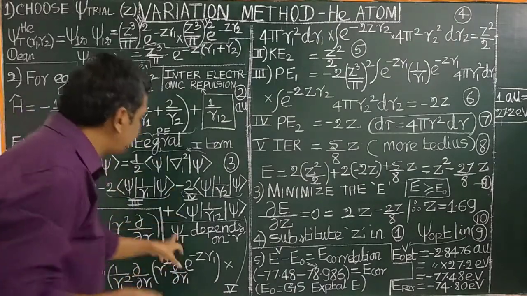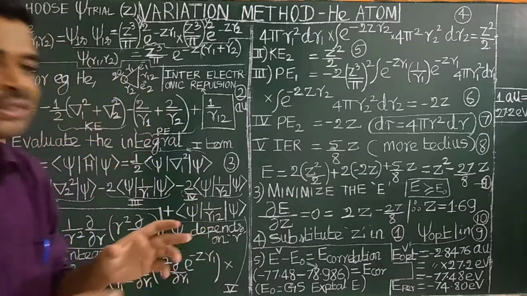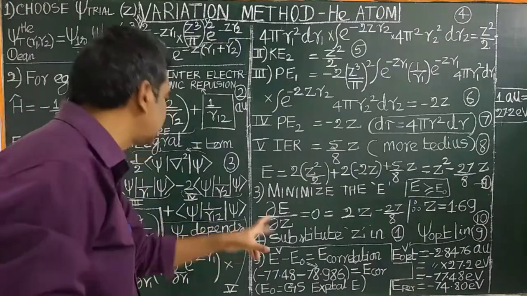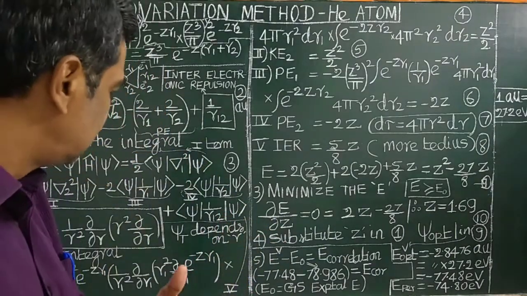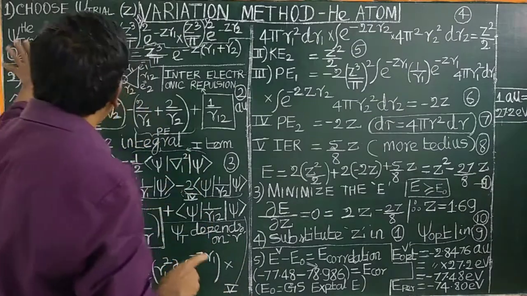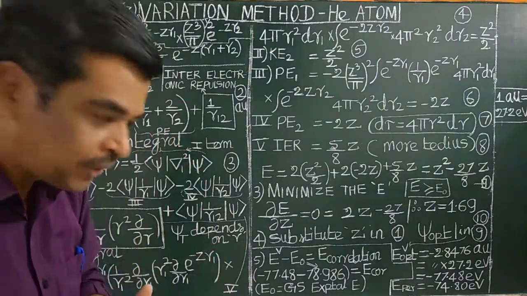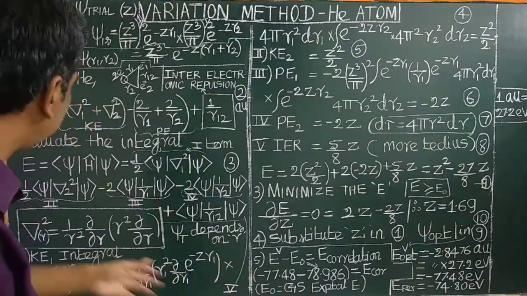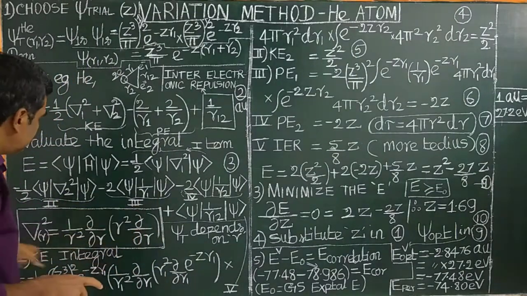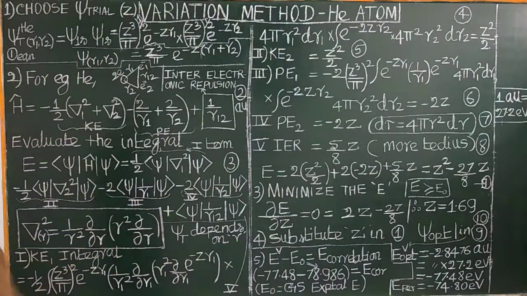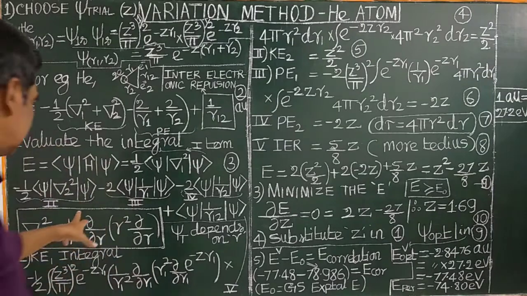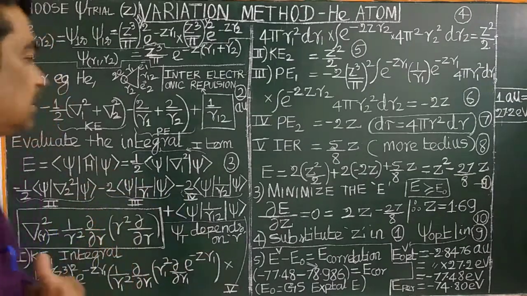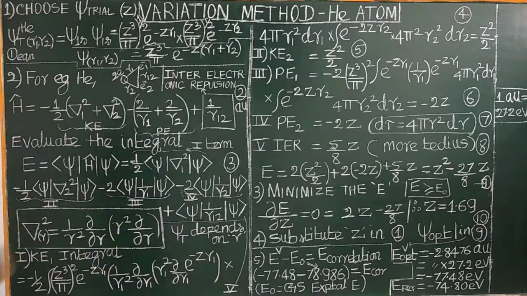But remember, the trial wave function depends only on r. The trial wave function does not depend on theta and phi in spherical polar coordinates. Therefore, only the first term in spherical polar coordinates is considered. The other terms are not considered. Please write that down also.